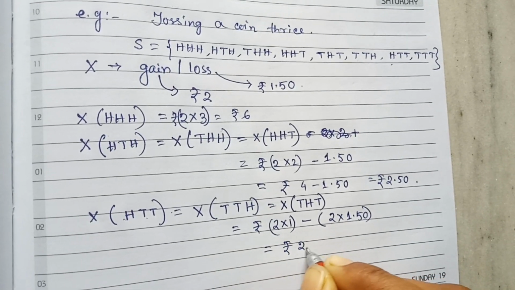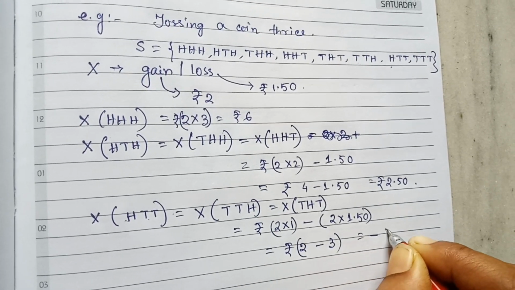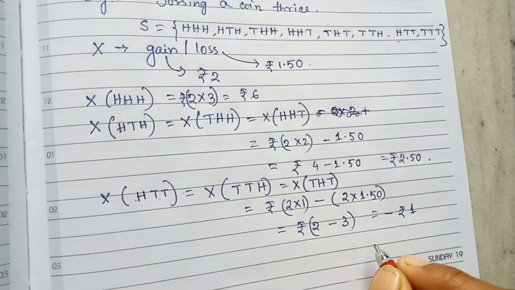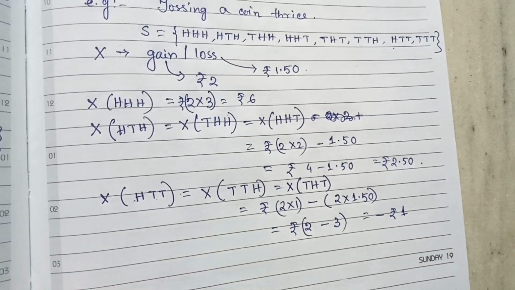Ultimately it's becoming 2 minus 3, so minus ₹1. This minus represents the losing part.